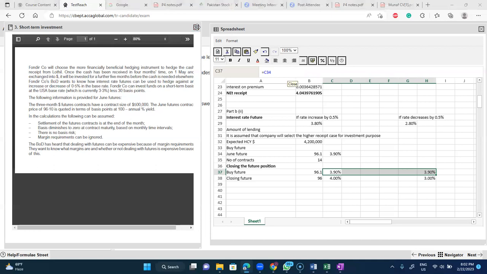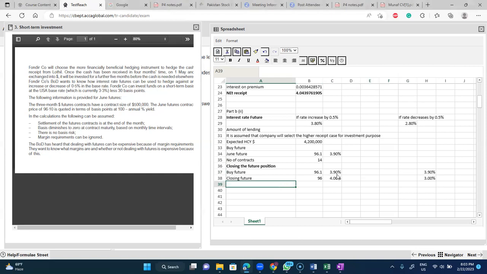Today is 1st January. We are selecting the June contract, so total are 6 months. But in the question, it is written that we will invest on 1st May. So that means we will invest 2 months earlier. So remaining months are 2 divided by total months 6.